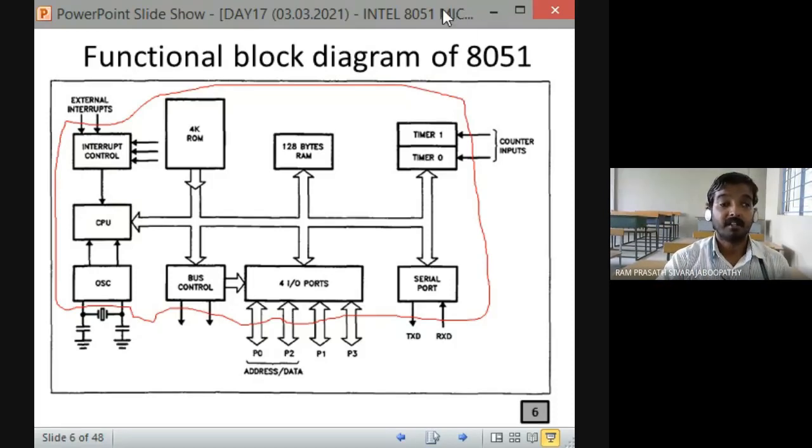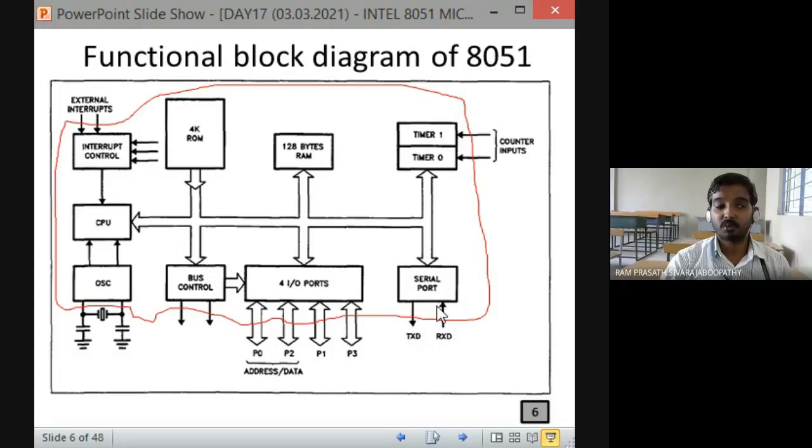Then we have discussed the serial port. When we say serial port, we have said it is full duplex. That means it can do both reception and transmission simultaneously, so it requires 2 pins, one for transmission and another for reception. The TXD pin is for transmitting from the serial port to outside, and the RXD pin is for receiving the serial data.